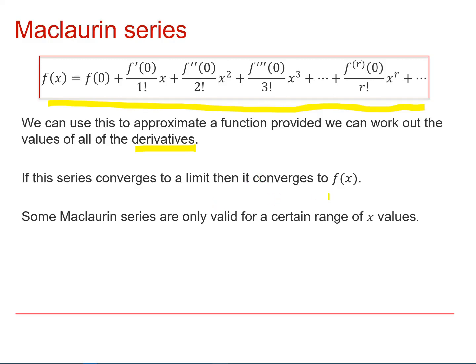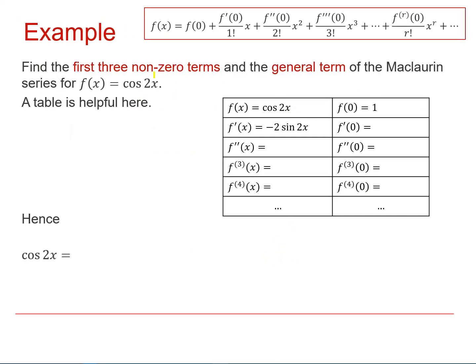If this series converges to a limit, then it converges to f(x), and some Maclaurin series are only valid for a certain range of x values, and we'll look at those in our treatment of standard Maclaurin series in a later video.